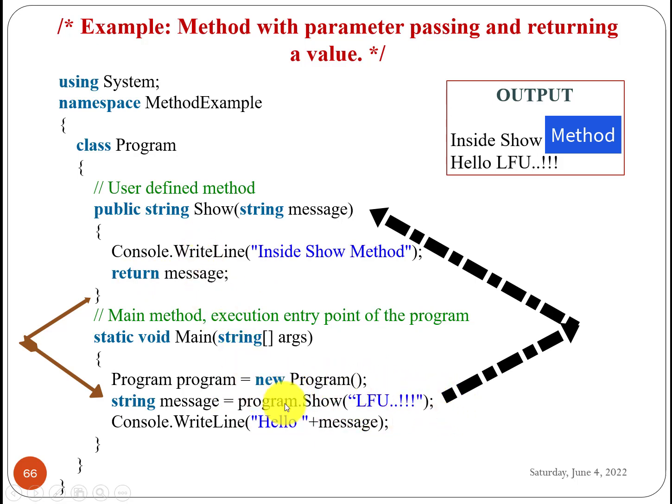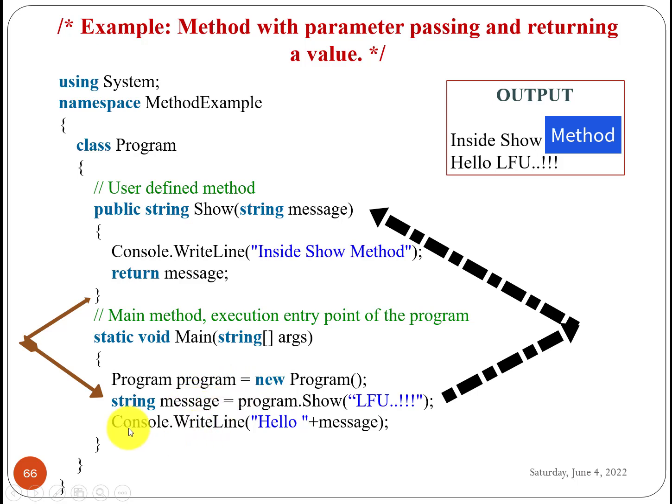It comes here, and before executing this part and before receiving the value here, it prints the value from the show method. It prints the value inside show method, and then we receive the value from this program.show, which is LFU. So we get the LFU value from here and store it in the message variable.